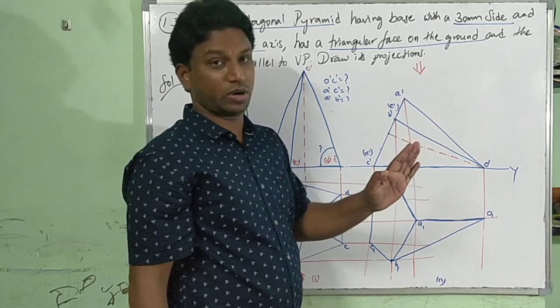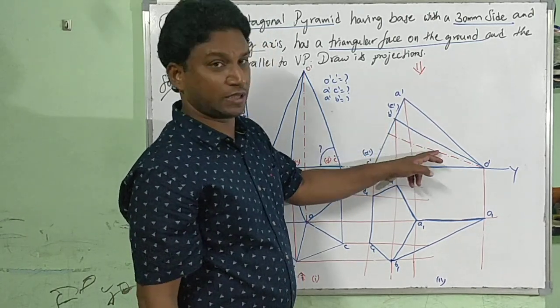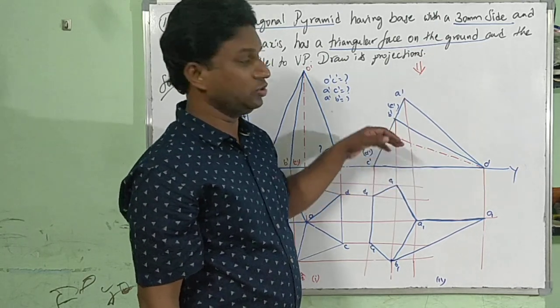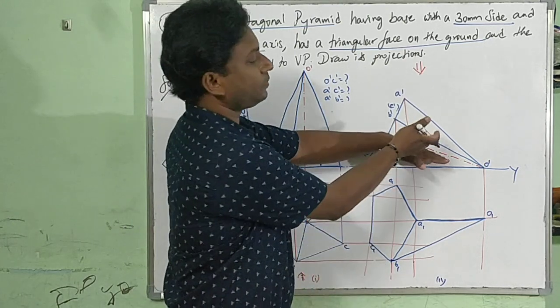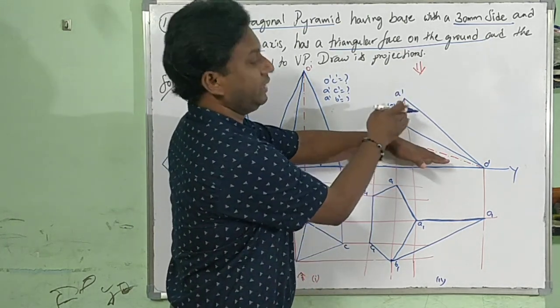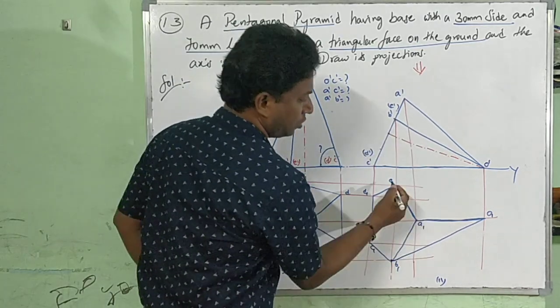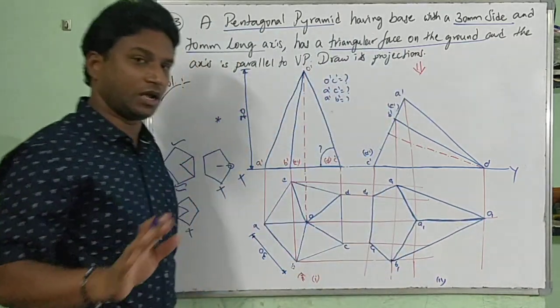So we have not shown it as hidden, but it's thick. On the back side it is hidden, but in the front view it's thick. So that O dash, E dash, with respect to the axis, comes below, which is thick. So O1, E1. Don't get confused.